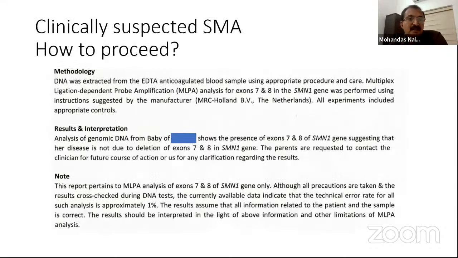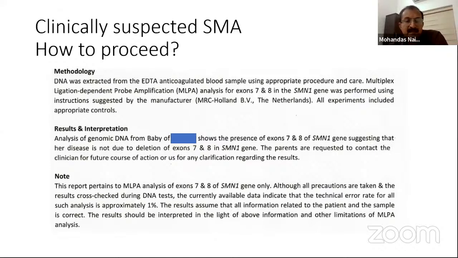This is another situation, clinically suspected as spinal muscular atrophy. How will you proceed? Here, again, they have done MLPA, and the child shows the presence of exon 7 and 8 of the SMN1 gene. You know, deletion of exon 7 or 8 of the SMN1 gene can cause SMA. So here there is no deletion. That means you cannot confirm spinal muscular atrophy in this child.